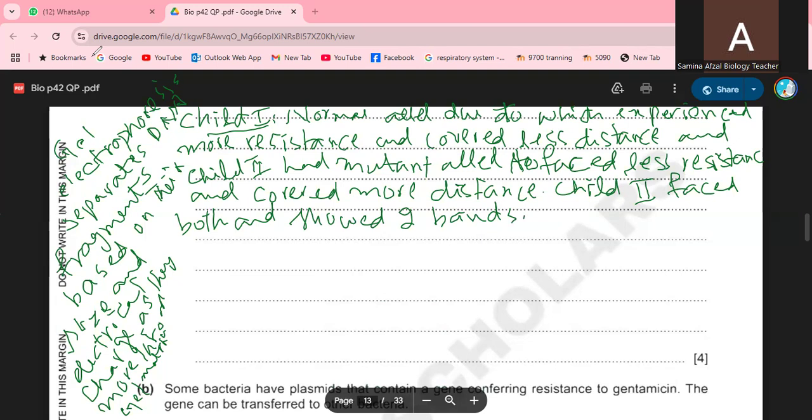So from all this we can say that this process, which is called gel electrophoresis, acts as a molecular sieve.